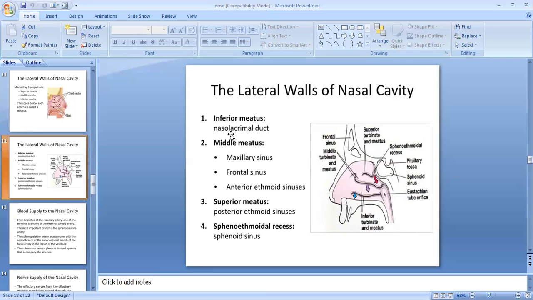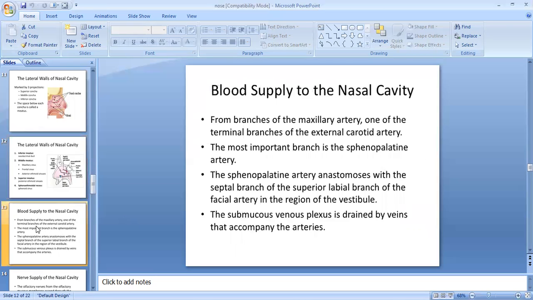In the inferior meatus, the nasolacrimal duct. In the middle meatus, maxillary sinus, frontal sinus, and anterior ethmoid sinus. Superior meatus, posterior ethmoid sinus, and sphenoethmoidal recess, sphenoid sinus. So these sinuses open into these meatuses.